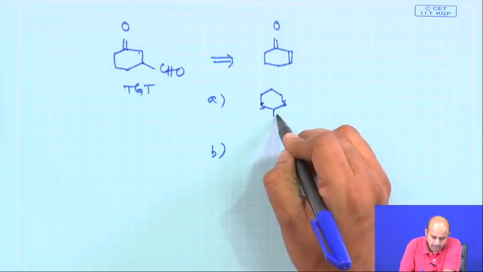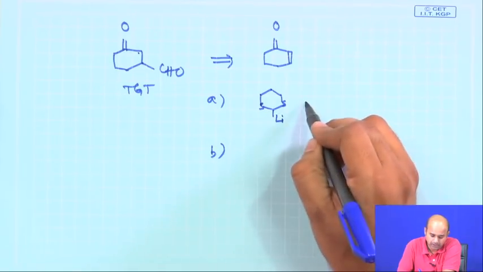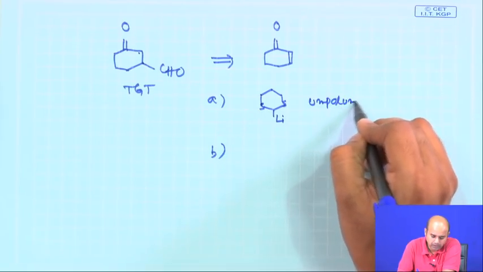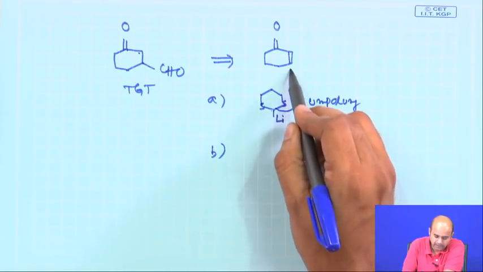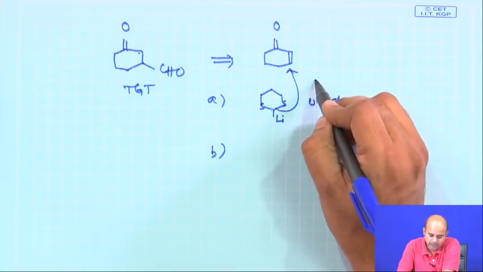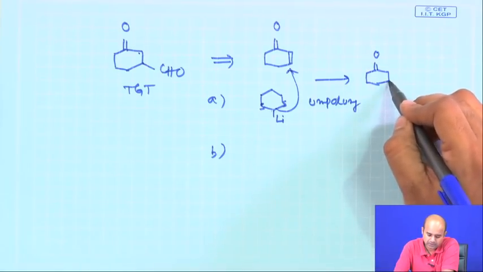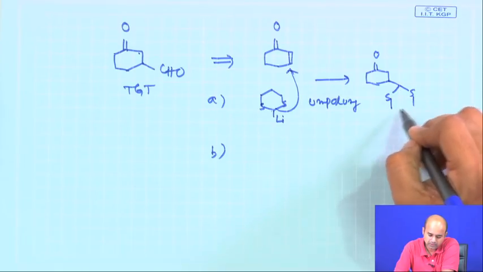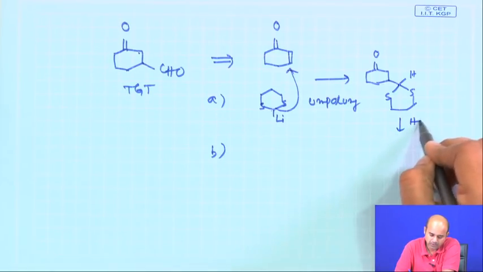You basically need to take a monolithiated species as a nucleophile or an umpolung species, then you can react with this in a Michael fashion, and then you can remove the dithiane protection, and that will give you the target molecule.